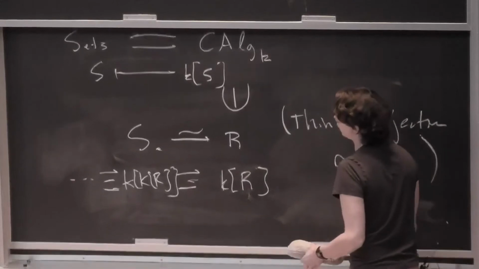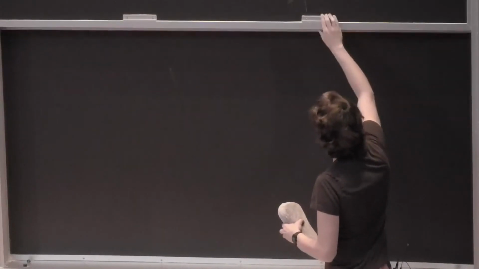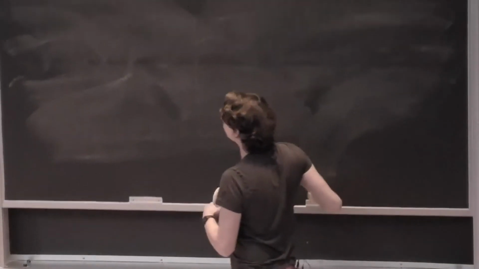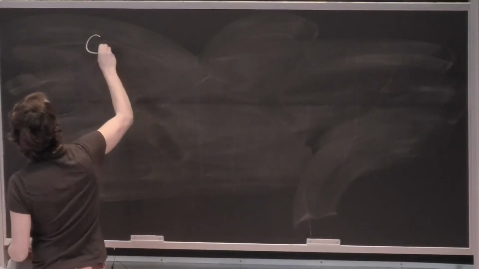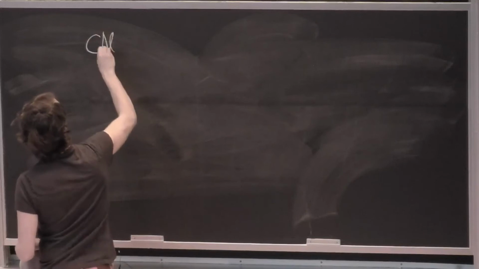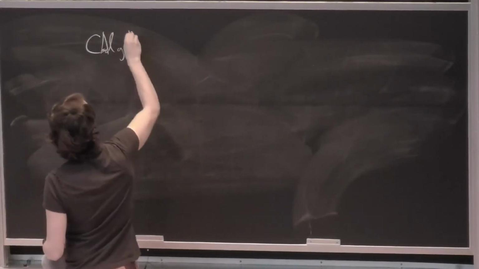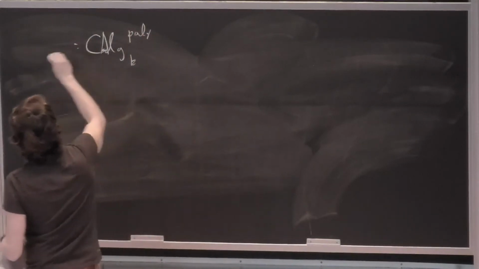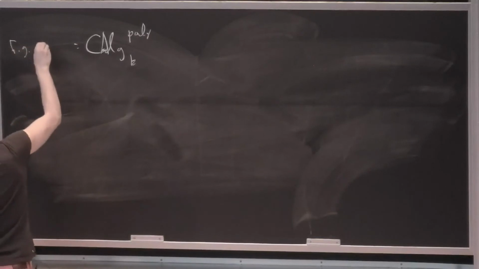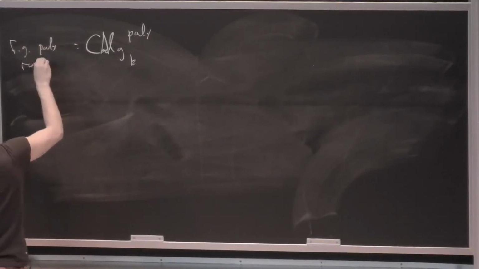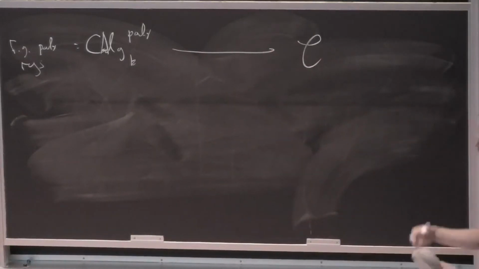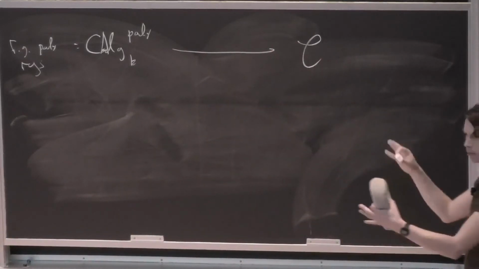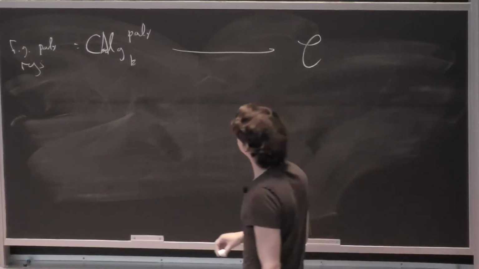Okay. So what that lets me do is, let's suppose I have a functor from calg K poly, so this is finitely generated polynomial rings, and I take a map to any other reasonable category, or possibly infinity category, whatever that means.